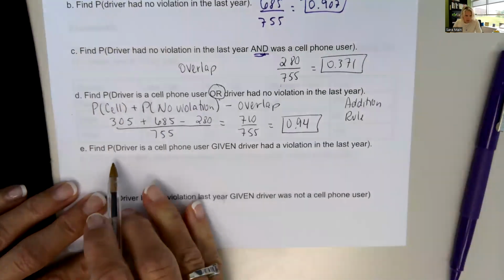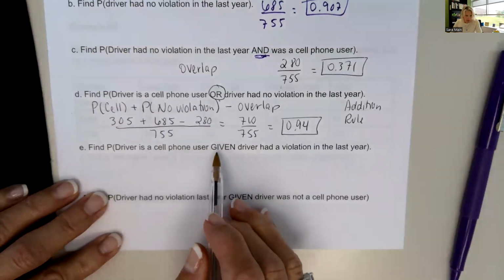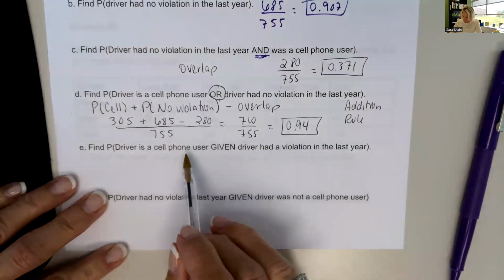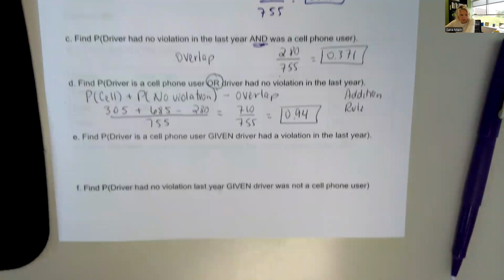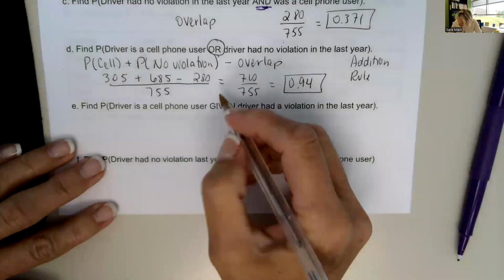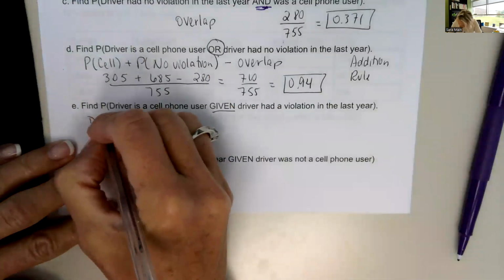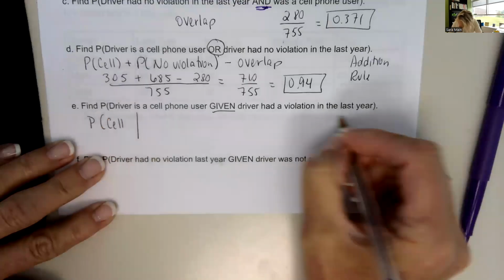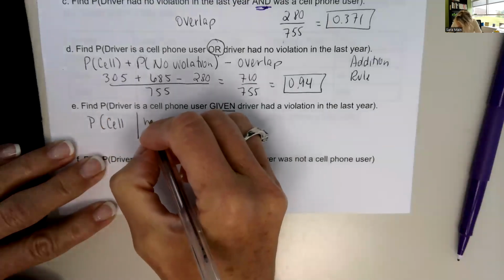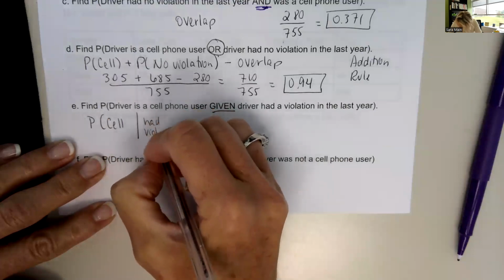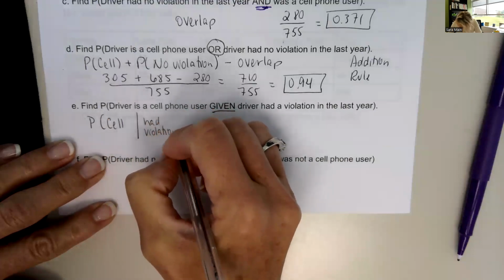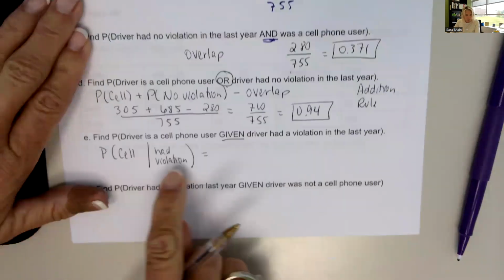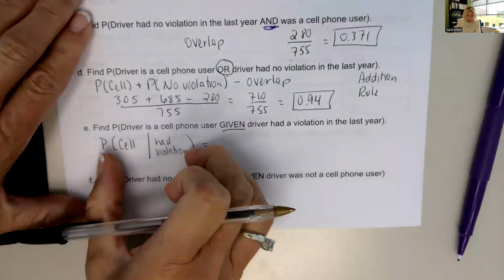E says, find the probability that the driver is a cell phone user, given the driver had a violation in the last year. Given means we're talking about conditional. So the probability that they are a cell phone user, given that they had a violation. The cool thing is because we're using a table, we can just do this by using the table.